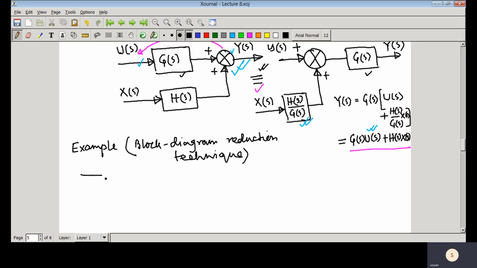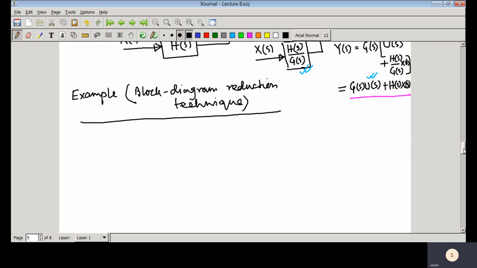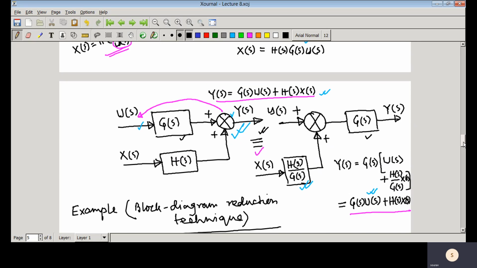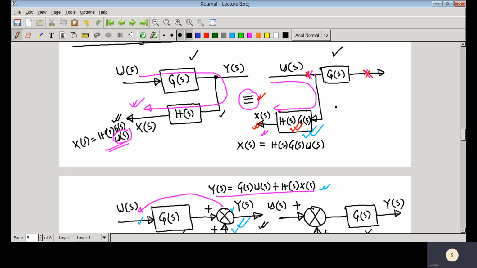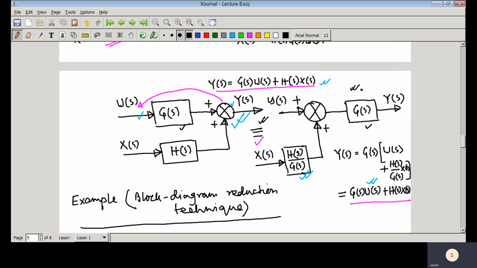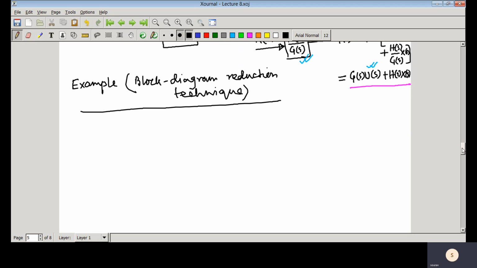So basically we'll be applying block diagram reduction technique to find the transfer function. So what is your objective? Your objective is to find the transfer function of that block using block diagram reduction technique. So block diagram reduction technique means you need to follow these techniques. That means shifting that branching point or shifting the position of the comparator. So let us see a simple example.